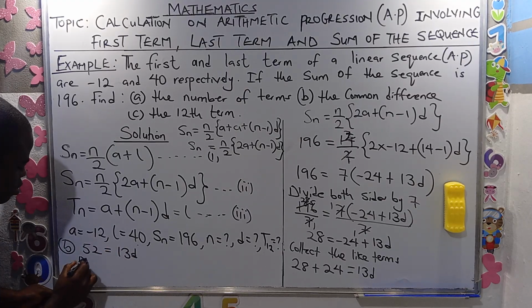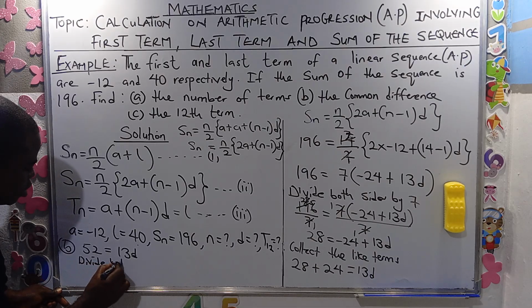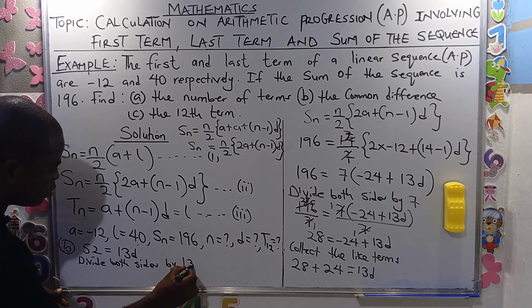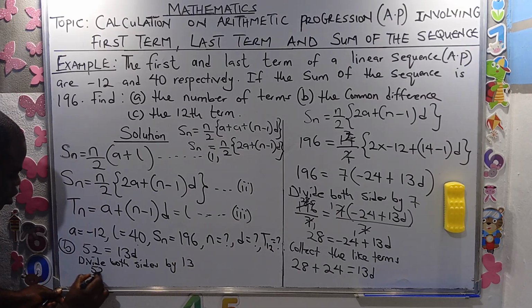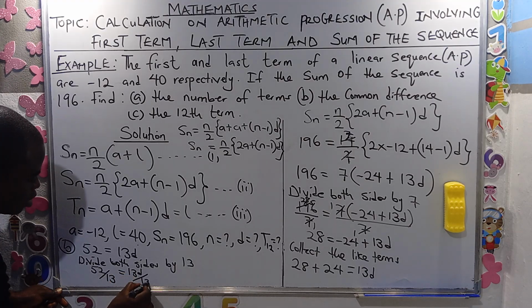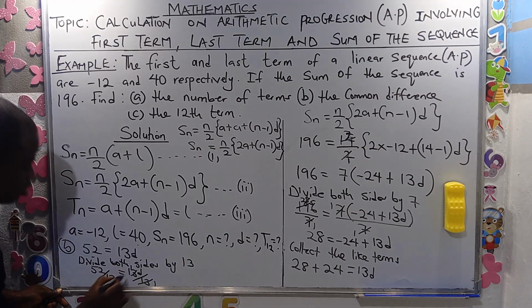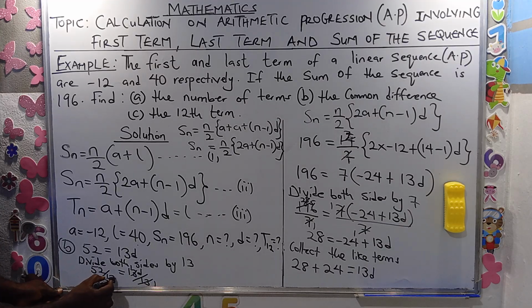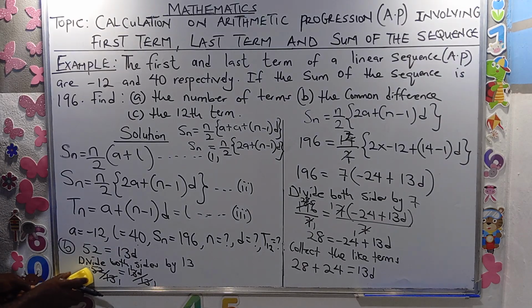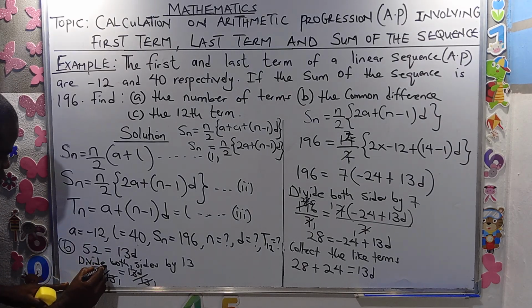Divide both sides by 13. Now 52 divided by 13 equals 13d divided by 13. 13 cancels 13. 13 in 52 is 4. Let's put it here at the top, 4.